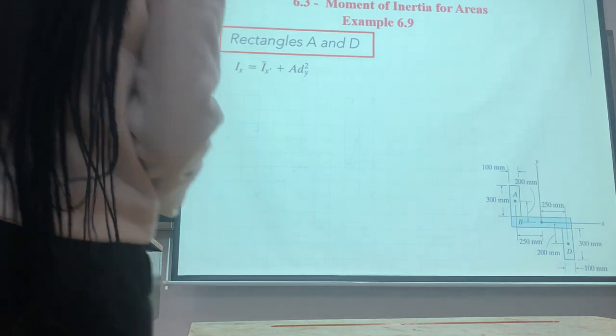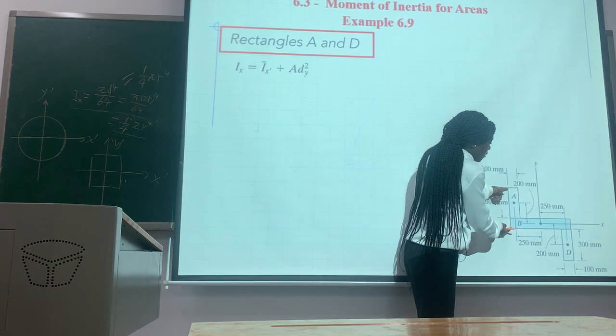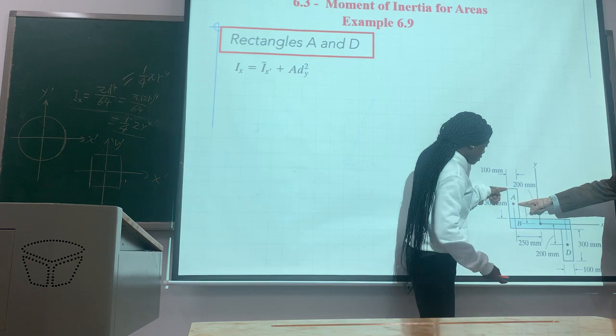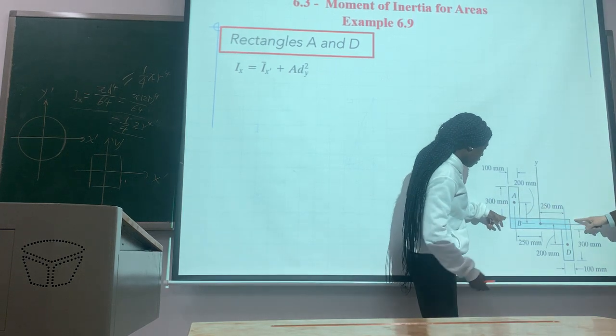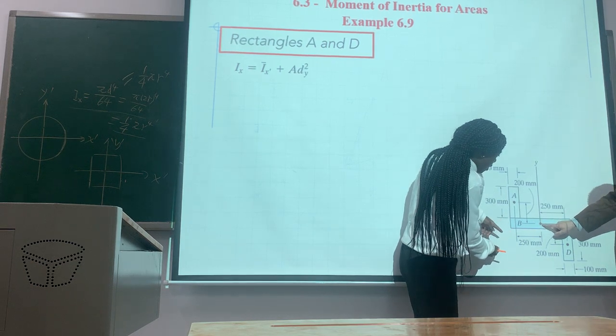This beam, the first beam, the rectangle is A and B. It's dy from X prime to X.